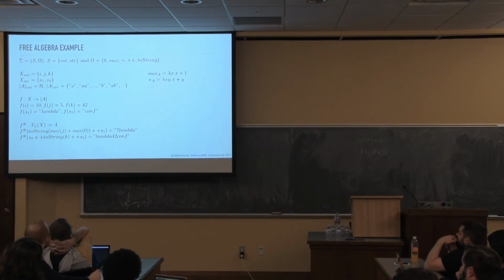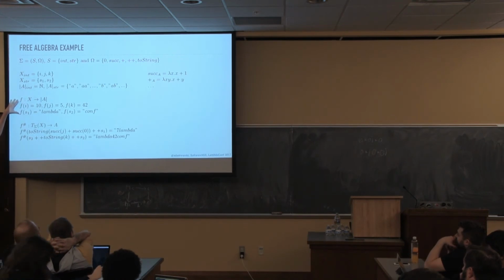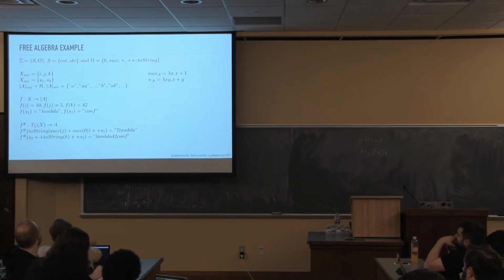Now we define a function which interprets the variables from X in our target algebra A. In this specific interpretation, we interpret i as 10, we interpret s1 as lambda, s2 as conf, and so on. That's the evaluation of our variables. It can be any evaluation, but that's a specific one.